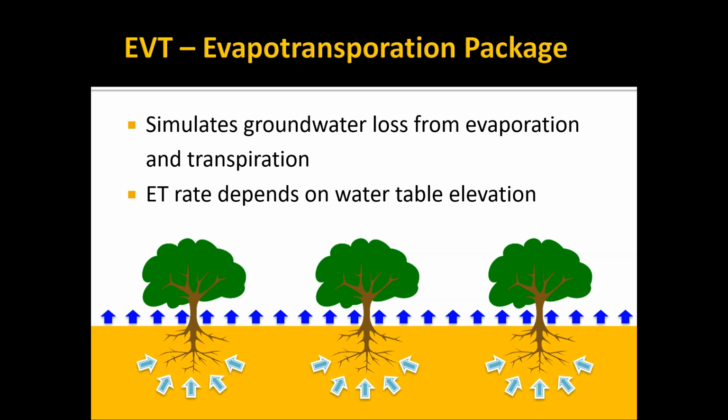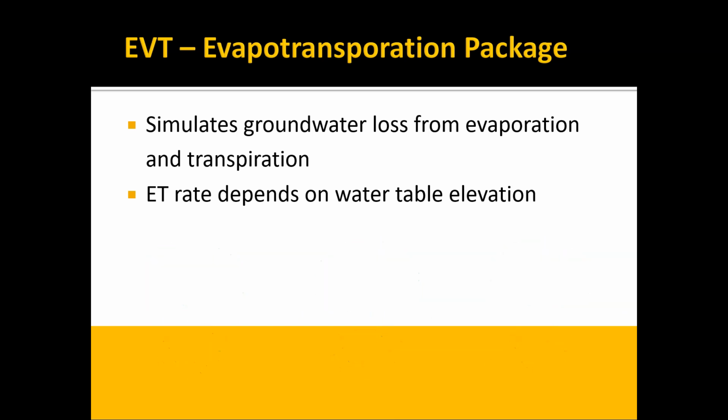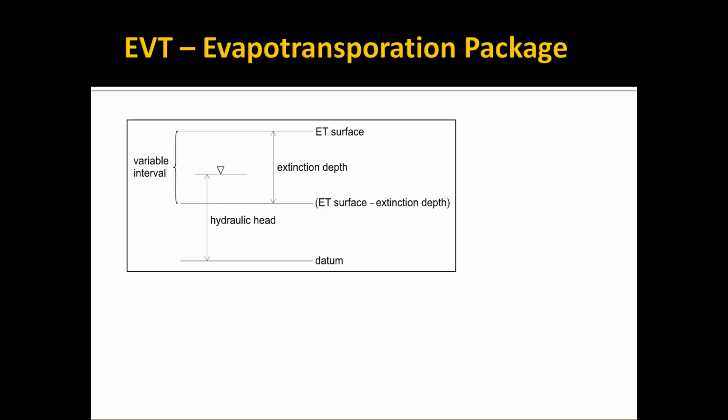And if that water table doesn't come back, you could potentially lose your phreatophytes and have an impact on the ecology of the region where this is occurring. And so this is how the ET package, the EVT package, works.